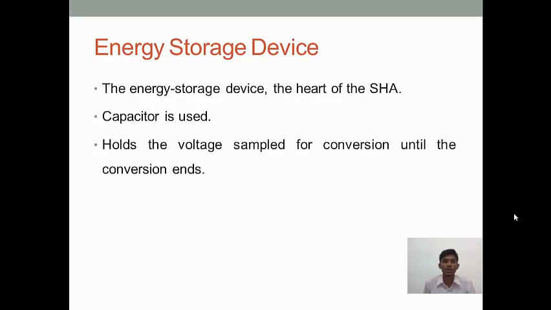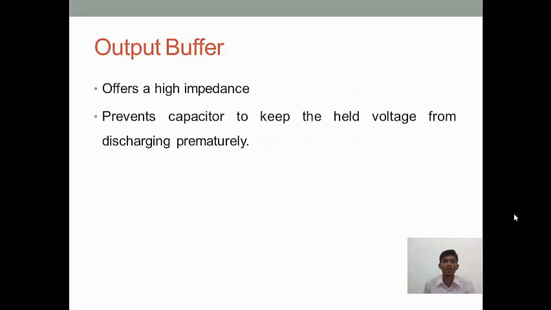In an ADC, it holds that voltage until the conversion ends. Output buffer offers a high output impedance for the circuitry. Actually, this high output impedance prevents the discharging of the capacitor in the hold mode of the circuitry.